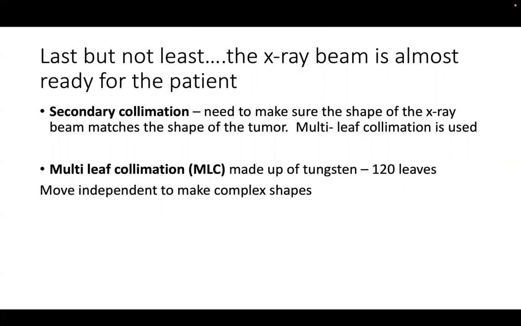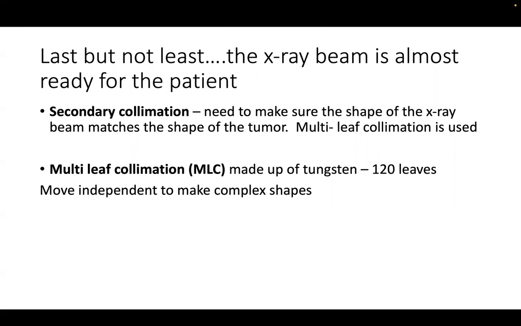And the last thing, the X-ray beam is almost ready for the patient, but it's going to go through a secondary collimation. So we need to make sure that the shape of the X-ray beam matches the shape of the tumor. Sometimes in the past that was done with Cerrobend blocks that you put into the head of the machine, but today we use multi-leaf collimators.